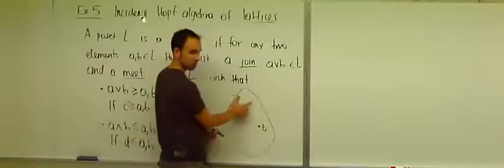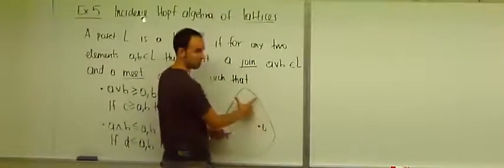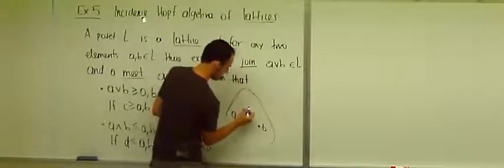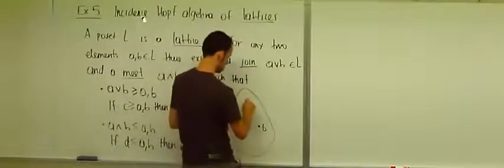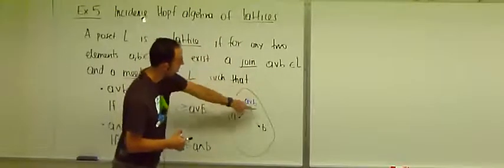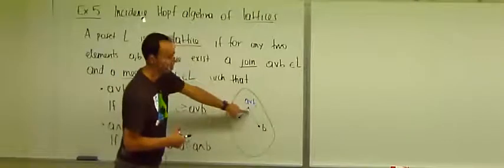So basically, you're going to look at the things that are greater than or equal to A in the poset, the things that are greater than or equal to B in the poset, and the claim is that there is one special one which is greater than or equal to both, and such that if some element is greater than A and is greater than B, then it has to be greater than the join.